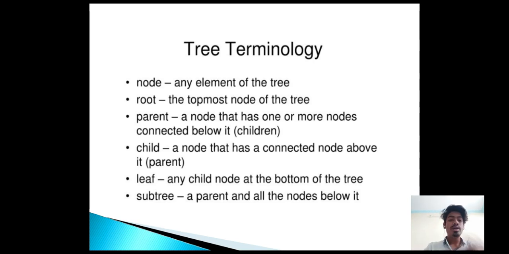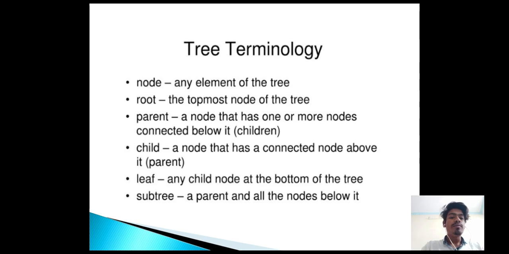So, what is the tree terminology? The tree terminology is node. Any element of the tree is called a node. The topmost node of the tree is called the root, and a node that has one or more nodes connected below it is called a parent. A child node is a node that has a connected node above it, its parent.